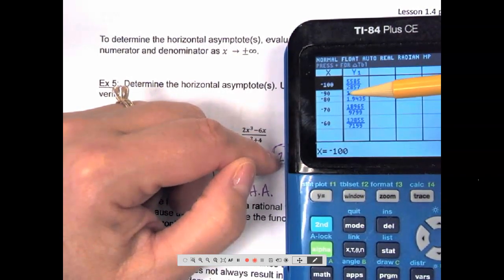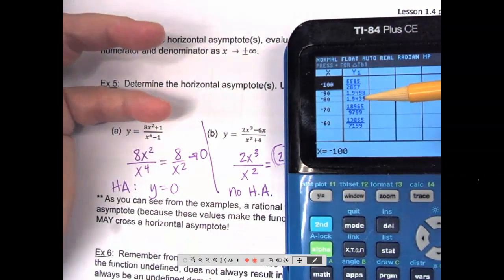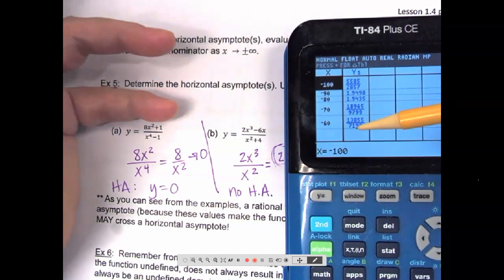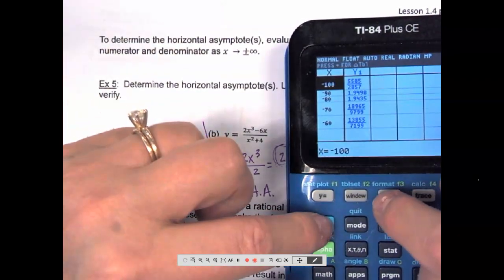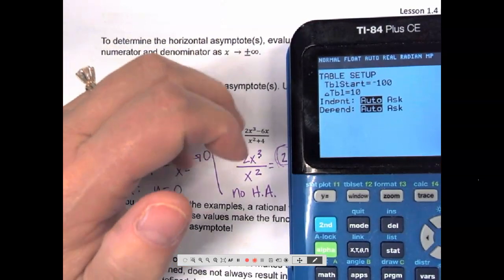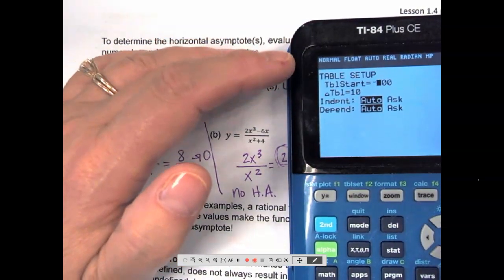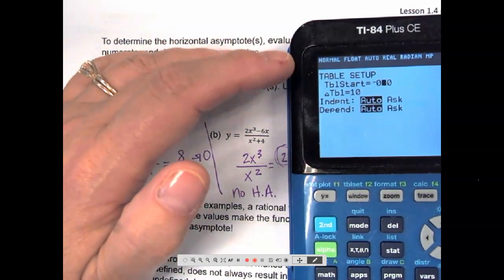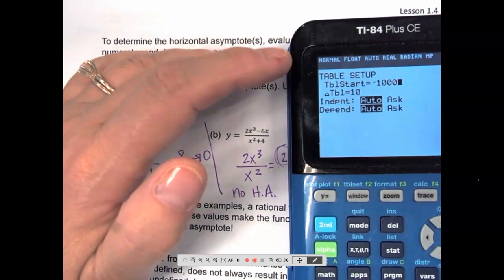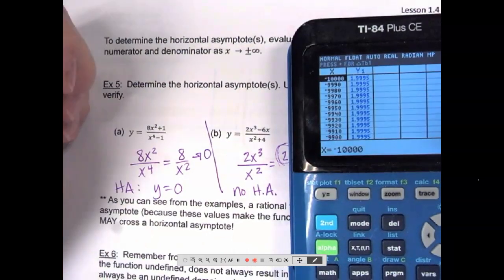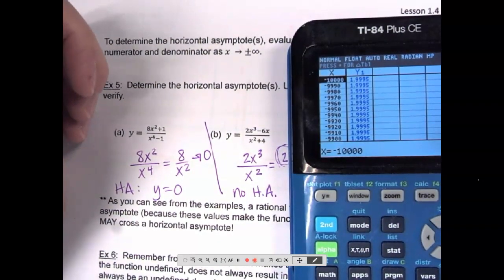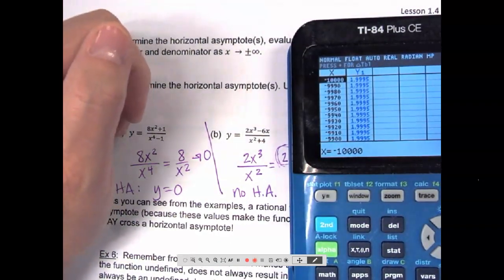Okay, so 1.94, 1.94. Lord only knows what that fraction equals there, but you can see that they are close to 2. Let's see. Table set. Let's try negative. I started at a bigger number, -10,000, I think, on that.